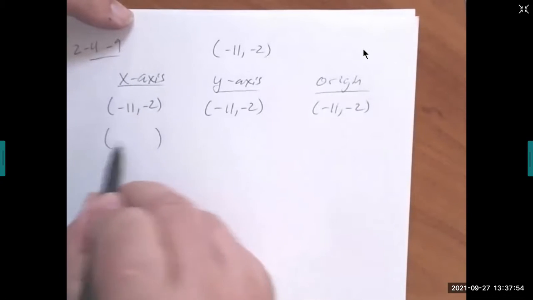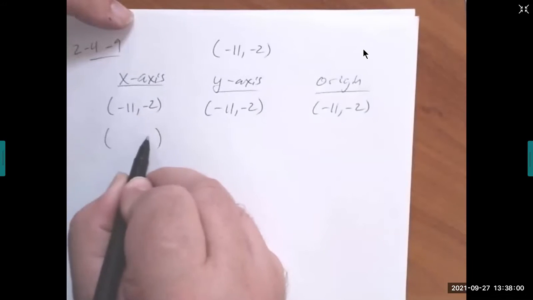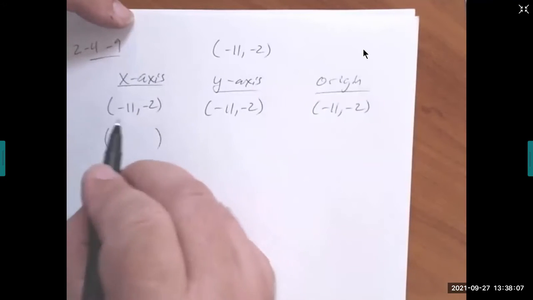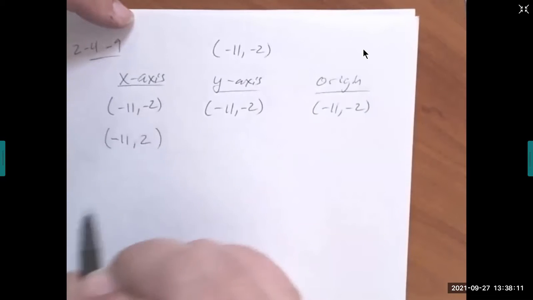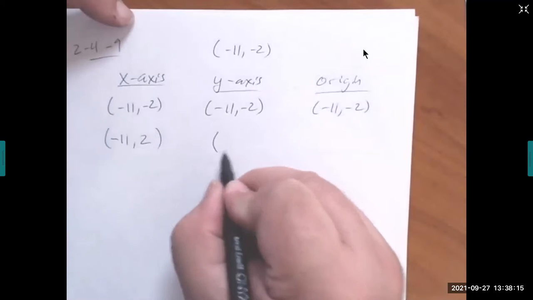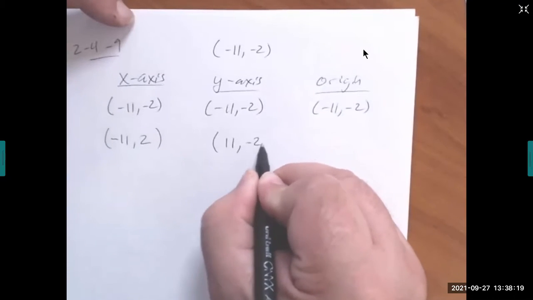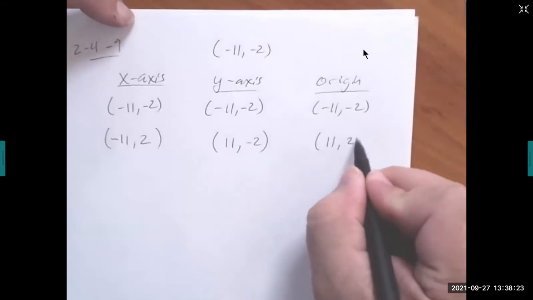What's this one going to be? Across the x-axis, what's the answer? -11, 2. Just change the y. The y-axis, just change the x. The origin, change them both.